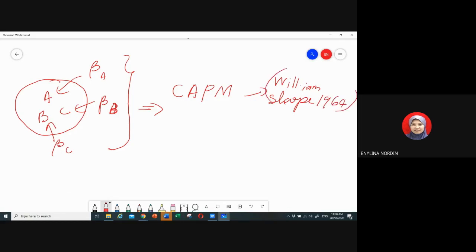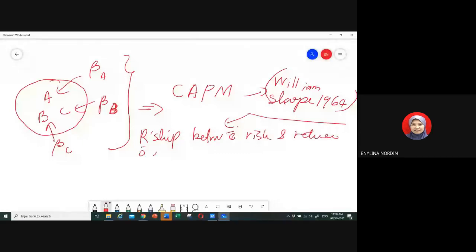Saya. Right, William Sharpe come up dengan this model to show the relationship between the risk and return of the stocks.